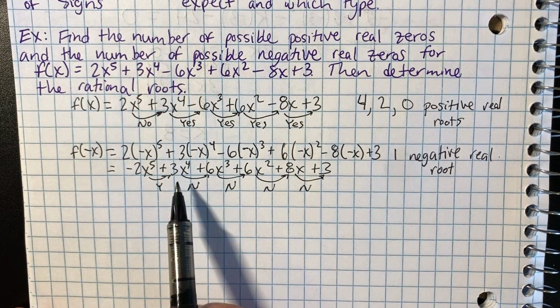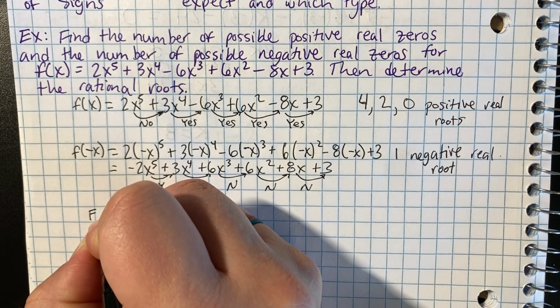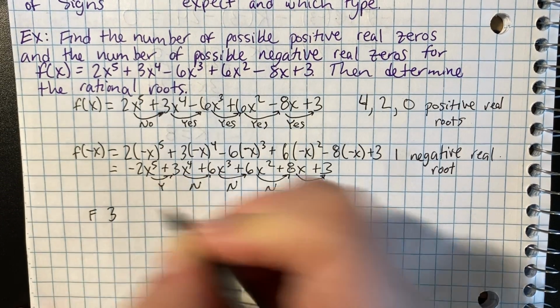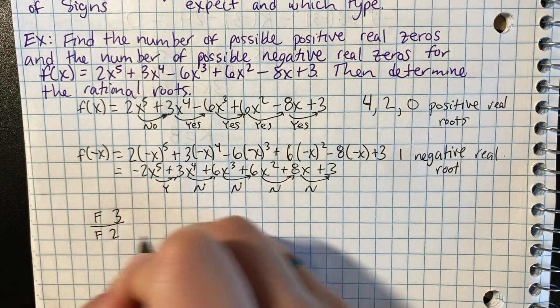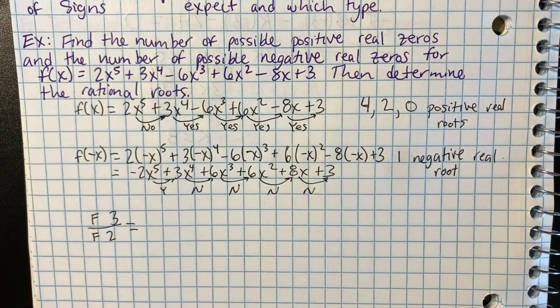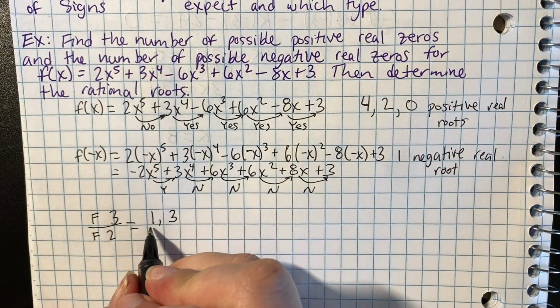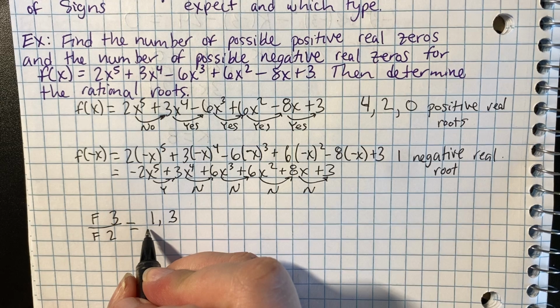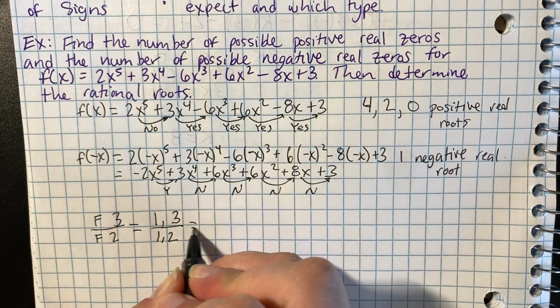All right. So now what we're going to do is come down here and look at the factors. So we're going to look at the factors of 3 over the factors of 2. So the possible factors of 3 are 1 and 3. So what things multiply to make 3? The possible factors of 2 are 1 and 2.